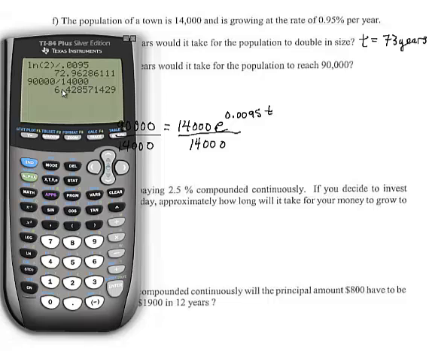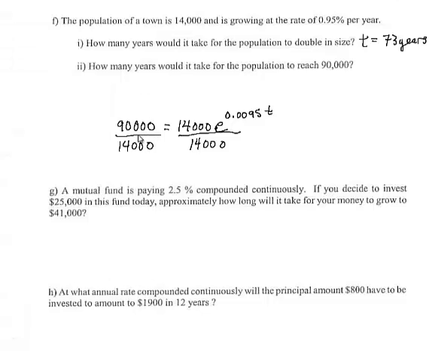Okay, I don't want to round anything just yet. So to avoid approximating 90,000 divided by 14,000, we'll just reduce this to 90 divided by 14. Okay, 1,000 into numerator and denominator. Just reduce the fraction.